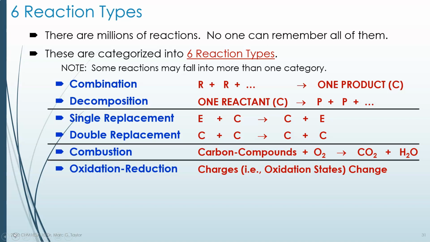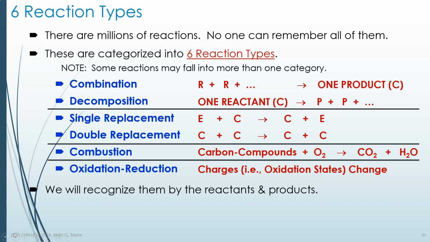Some combinations can be, some decompositions can be, all single replacements and all combustions are redox reactions. But if you're asked for which is the main category for this reaction, you're going to look for the clues we just talked about. And we'll go over each of these reactions individually. So you recognize them by the pattern of reactants and products.